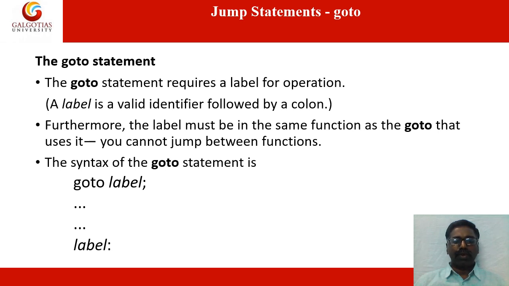The syntax of the goto is given below. Goto label, and then there is a set of code, and then the label followed by a colon. So by reading this goto label, the execution jumps and bypasses all the code given below the goto.